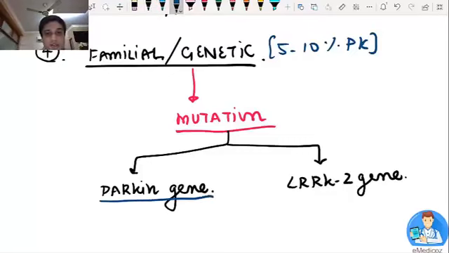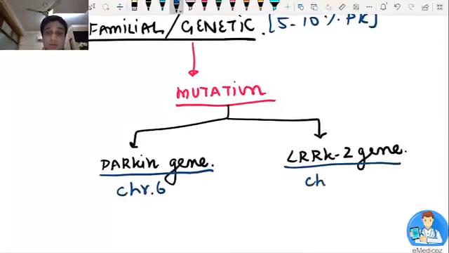For the Parkin gene mutation, it's chromosome number 6, while for the LRRK2 gene mutation, it's chromosome number 12. Another fine point, how does it come down? What ladder does it take? The Parkin gene mutation takes the ladder of autosomal recessive trait. The LRRK2 gene mutation takes the ladder of an autosomal dominant trait.